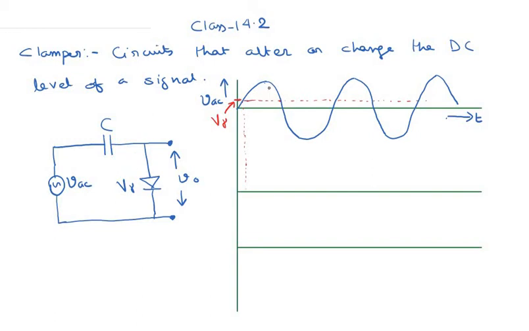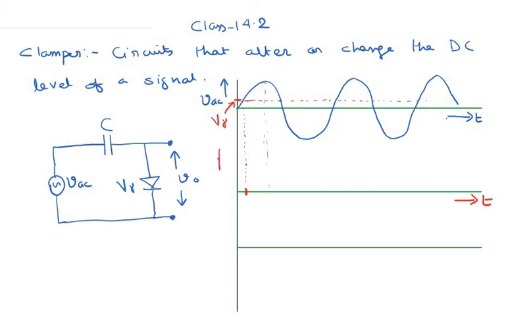The capacitor will charge to a maximum value when the magnitude of VAC is the maximum. So the capacitor would start charging from here, at this point in the time axis, where the input voltage has become greater than V gamma.